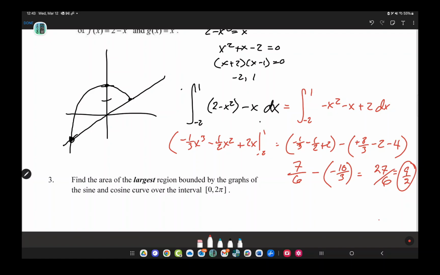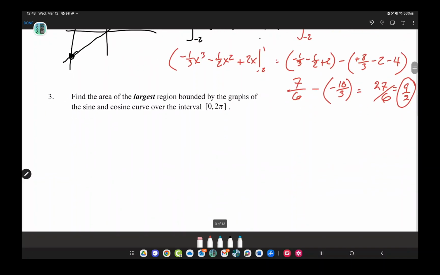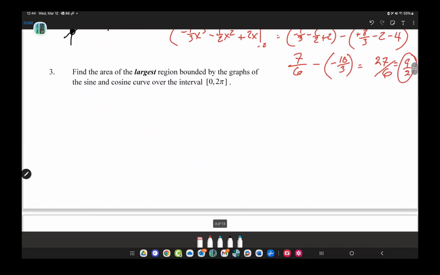Now, for the rest of these, you're going to use a calculator to do the integral. But let's look at this. Find the largest region bound by the graphs of sine and cosine over the interval from 0 to 2.